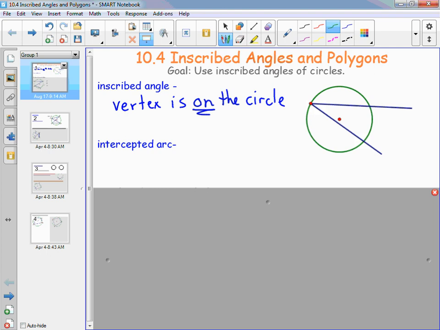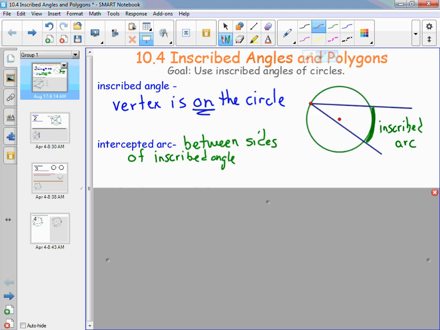The intercepted arc is the arc that is between the sides of the inscribed angle. So if we look here, we have an angle, and this arc right here is the intercepted arc.